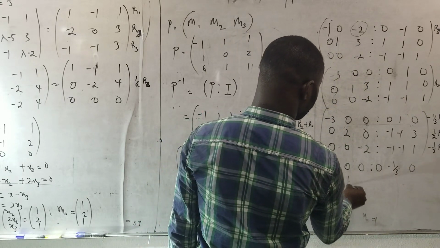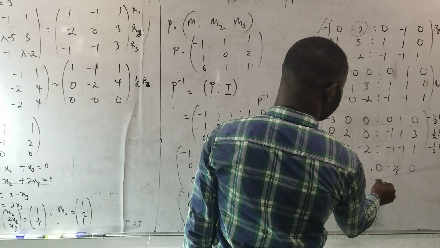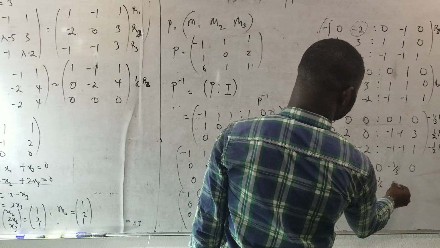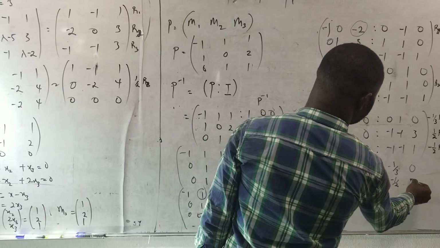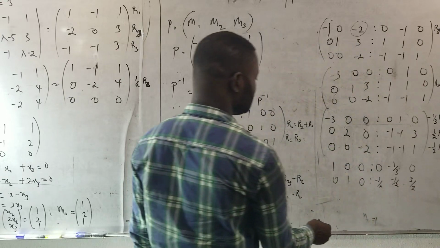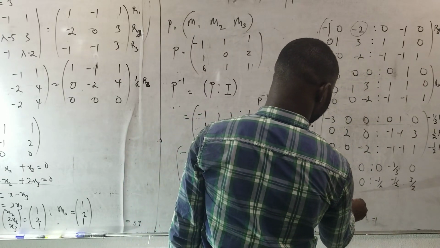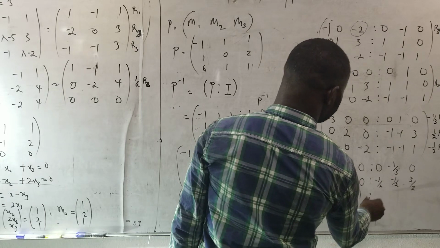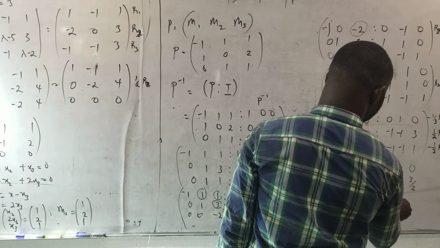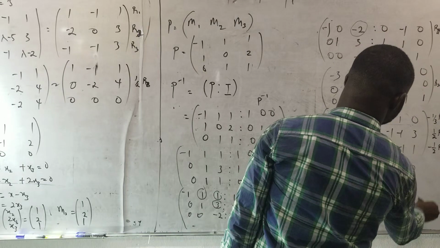Is 0, 1, 0, minus 1 all over 2, minus 1 all over 2, 3 all over 2, and here will be what? Is 0, 1, and minus 1 over 2, minus 1 over 2, 1 all over 2.